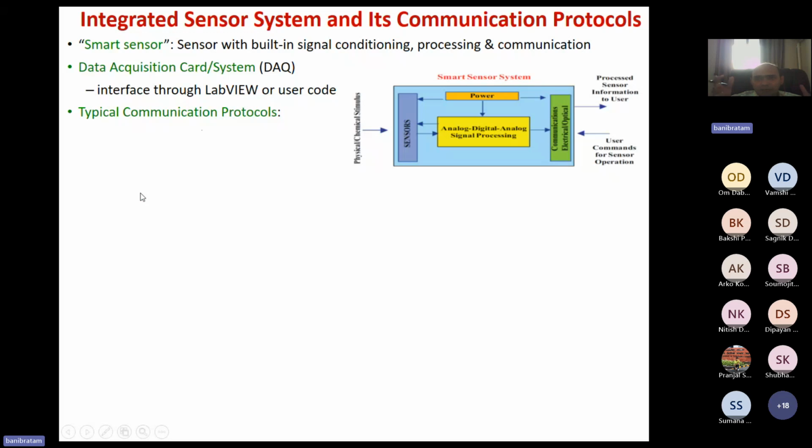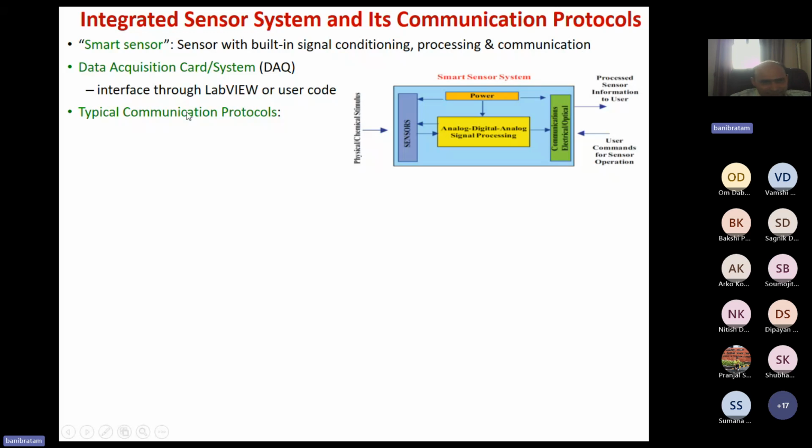For that, typically we need some user interface software like LabVIEW. Using its GUI, you can monitor the sensor data, collect it, and do some processing or logic development. That is a very standard format.